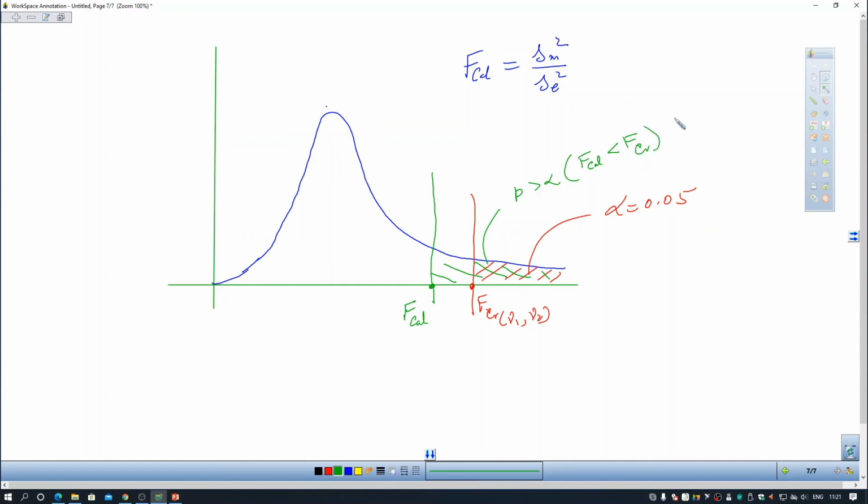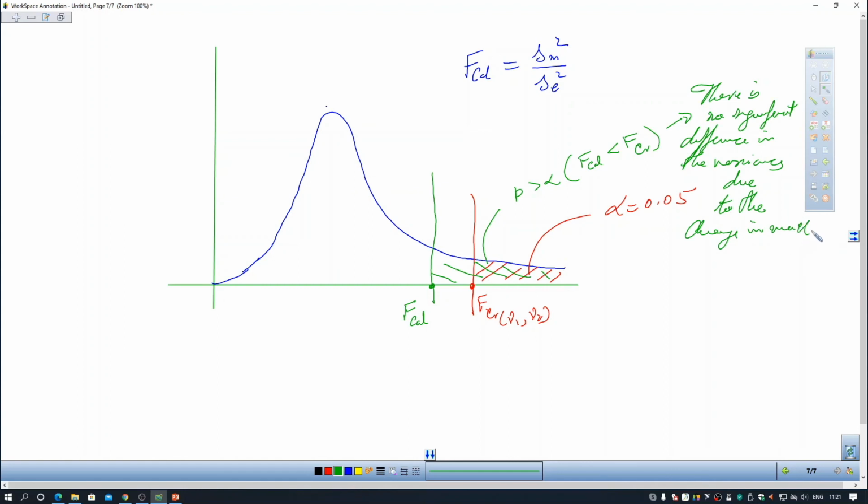So in this case we are with the conclusion that there is no significant difference in the variances due to the change in machine versus between groups, within groups.